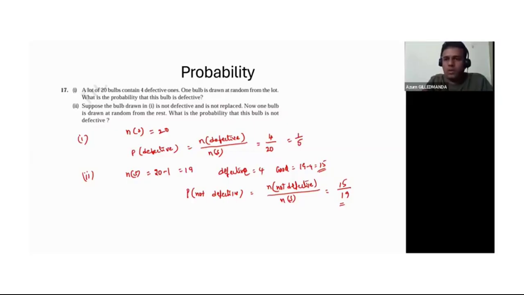That means the defective bulbs are still in that lot. So four defective bulbs are there. That means the good bulbs are only 15 now. Earlier it was 16. One bulb was drawn and kept aside. So they became 15 now. So 15 by 19 is the probability of getting a good bulb or not defective bulb. Okay. So these type of problems can be asked.